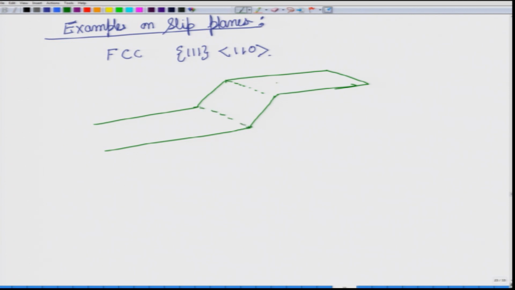In this particular problem you are given that a dislocation moves, it is originally like this, then it moves like this. We will talk more about this, what is called cross slip, but right now just to understand different planes I am giving you this problem, and then it moves into this plane. Although the picture may show that these two are parallel, you do not need to assume that.